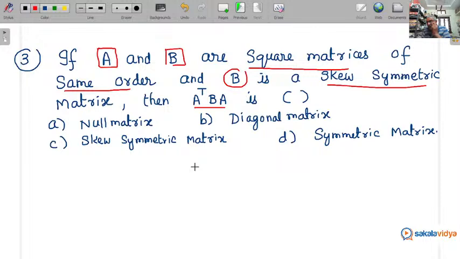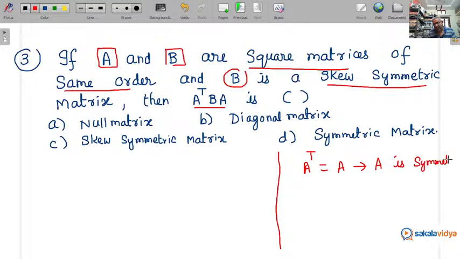So my dear students, first let us discuss the concepts. Suppose A is a square matrix, A transpose is equal to A, then A is called symmetric. So this is the concept of symmetric. I hope that is clear. Suppose A transpose is equal to minus A, then A is called skew symmetric.